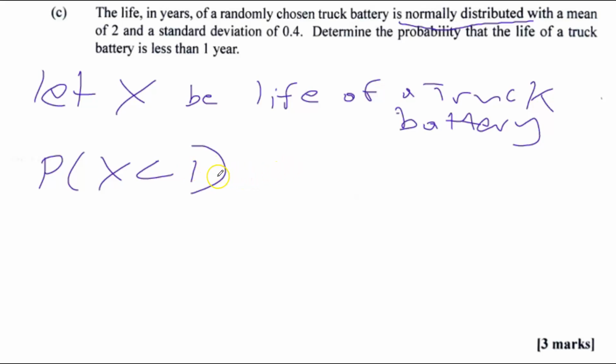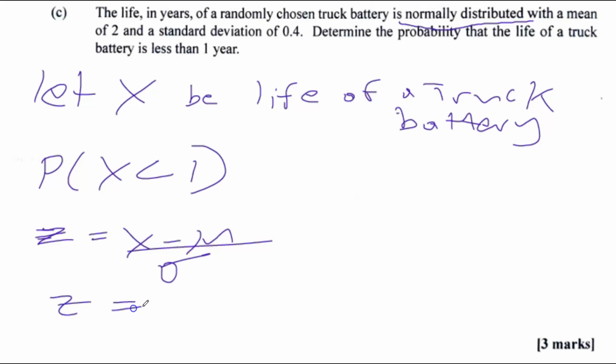Alright, so we need to find the z value. So z, standardized, is x minus mu over sigma, where sigma is the standard deviation. x, less than a year, so we're using 1. Mu is the mean, and the mean is 2. Standard deviation is 0.4. So 1 minus 2, that's negative 1, divided by 0.4.